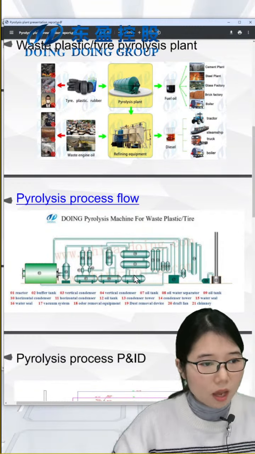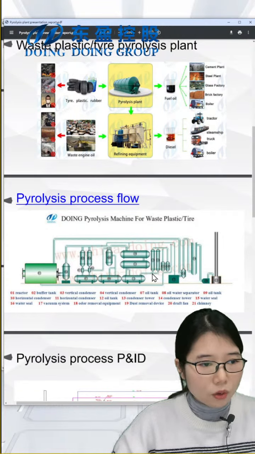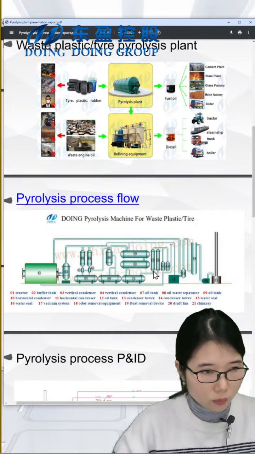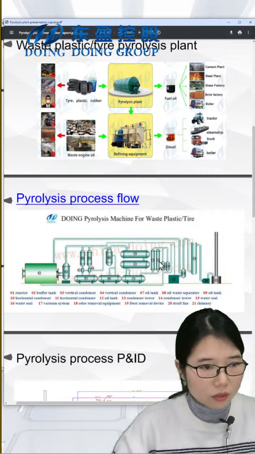But in case the workers are not skilled in operating the burner, if the temperature gets higher, maybe some excess oil gas will be produced. So we have set up the fourth cooling system, cooling towers.